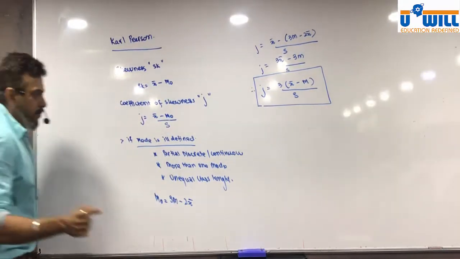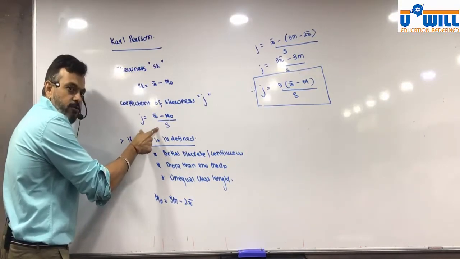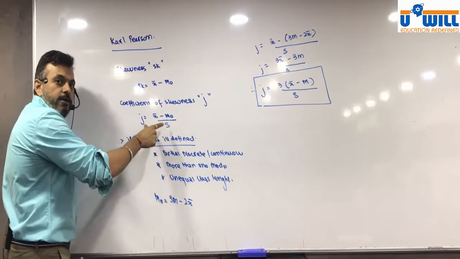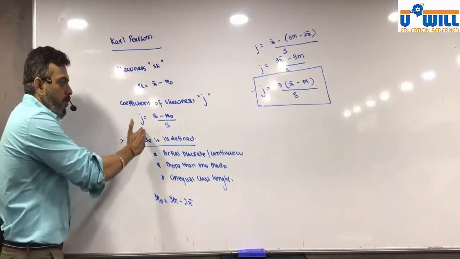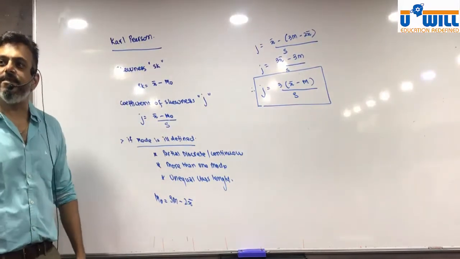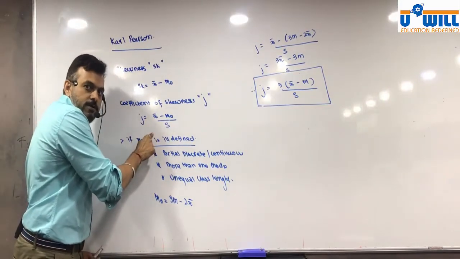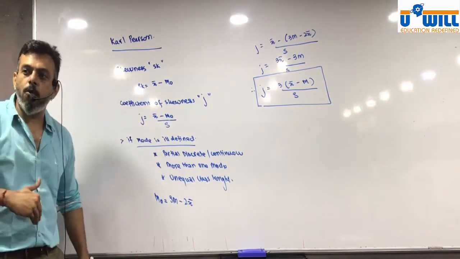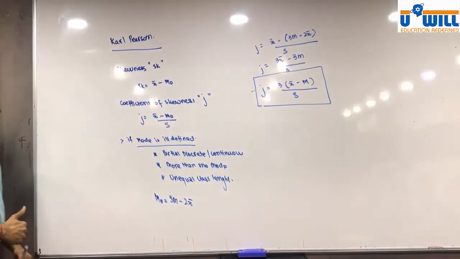Now, the value of J that comes: the more the value, the more the skewness, so less the symmetry. Less the value, less the skewness, more the symmetry. Is it understood? Okay. When we compare, we'll see this.